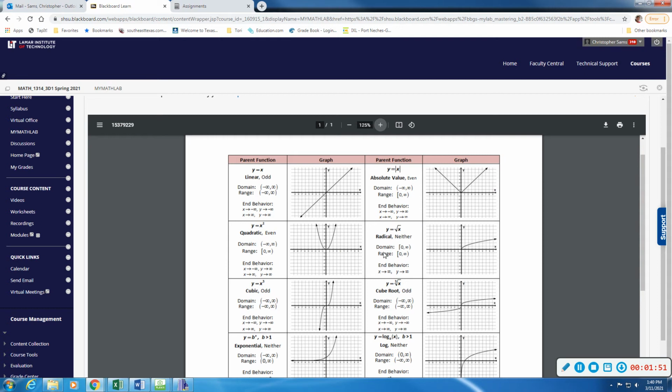You are given the standard domain and range, and if we have any shifts or translations, that will also affect our domain and range accordingly.